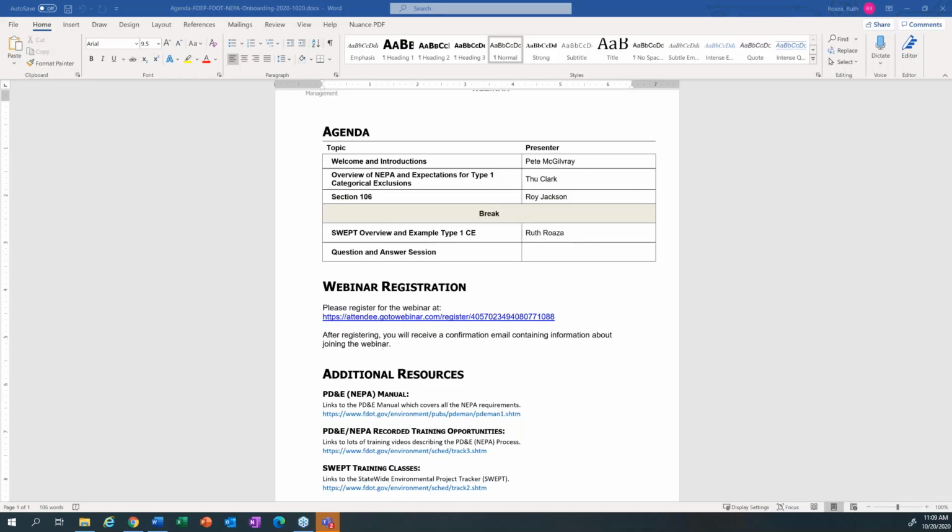Maybe Roy, to your point about the hours, we do have a staff hour estimation guideline that doesn't necessarily directly relate to a cost, but it's a tool that someone could look at to gauge, depending on that complexity, what a reasonable range of hours might be per resource or issue that you might have on a particular project where you do need to get a consultant to support you on those efforts.